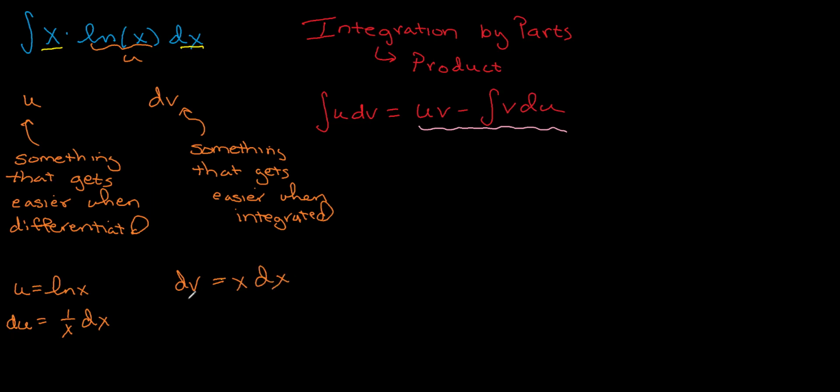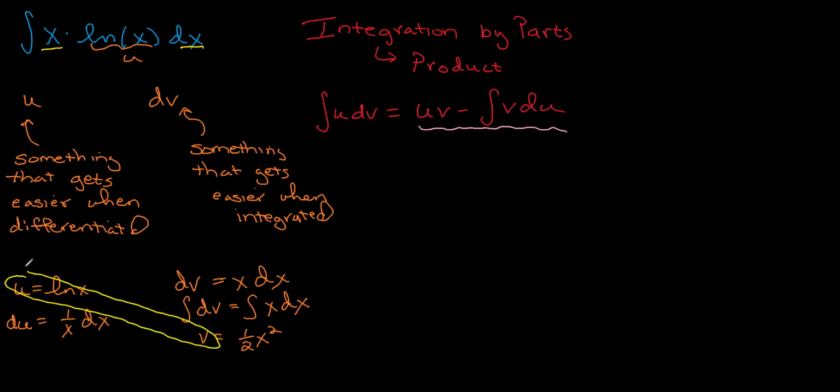And now I need to integrate both sides. So the integral of 1 dv, that's just going to be v, that's good. And the integral here is 1/2 x squared plus c. I'll keep track of my constant at the end. Okay, so now for my formula, integration by parts, I'm going to need uv minus the integral of v du.